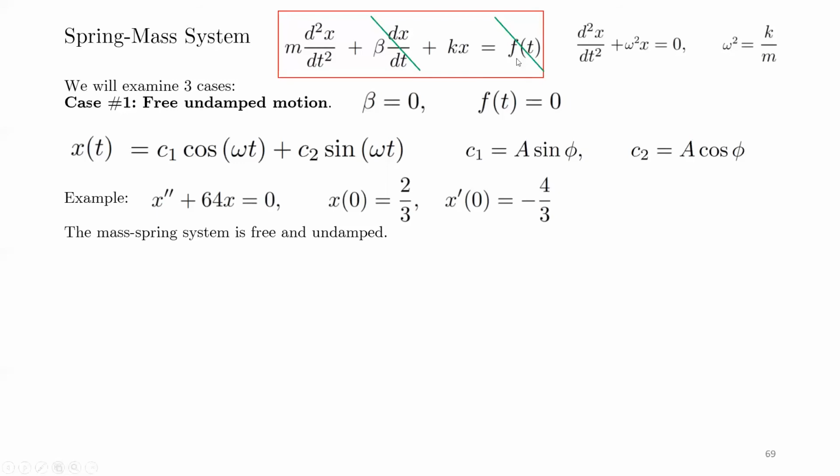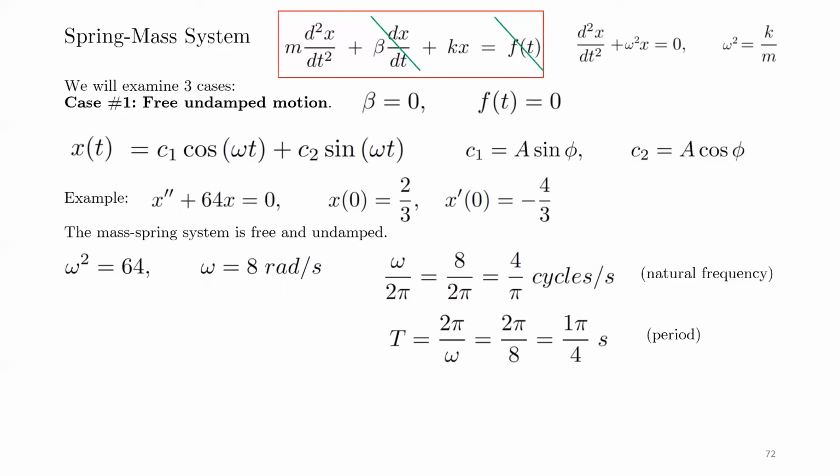There's no external force, there's no damping force here, so we're expecting some kind of simple harmonic motion, some free undamped motion. I can identify omega squared equals 64 because I must have divided through by the mass already, since there's nothing multiplying the second derivative term. So omega squared equals 64, or you could say that the angular frequency is 8 radians per second.